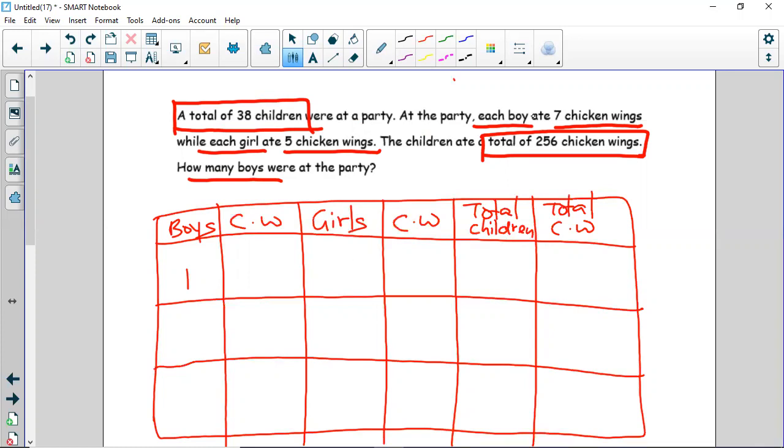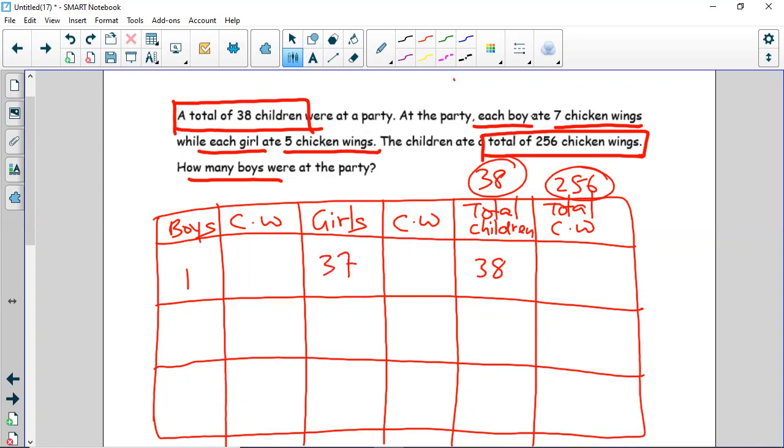Okay, 1 boy or 1 girl. And the total children, there are 38 children, right? Let me just put 38 here. And the total chicken wings is 256. So if there are 38 children, there must be 37 girls.